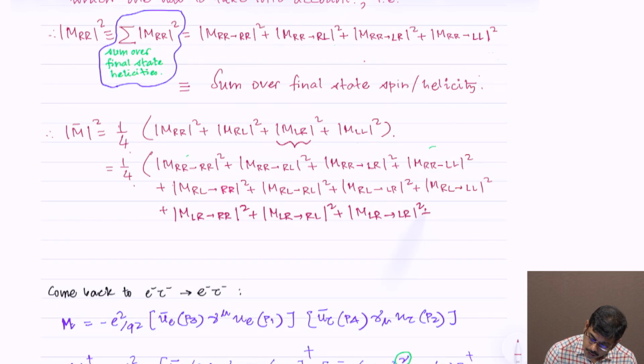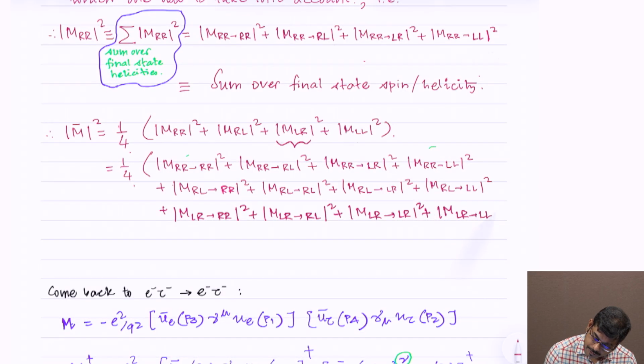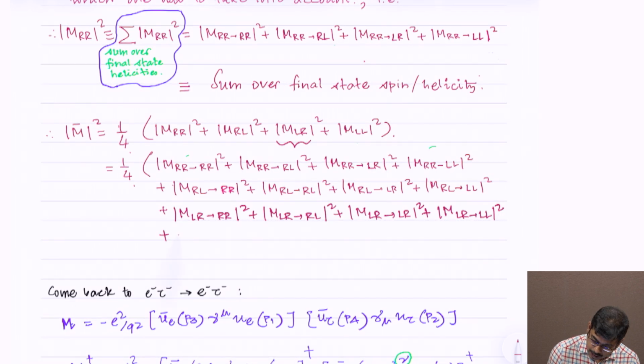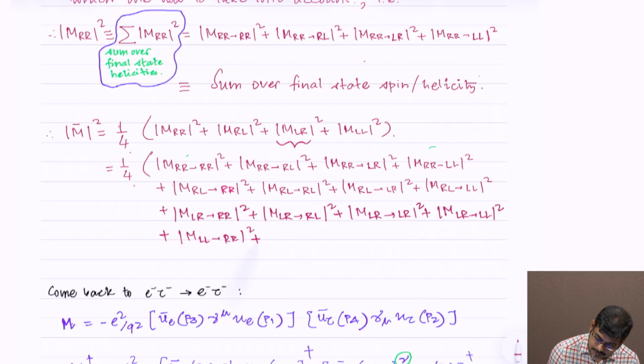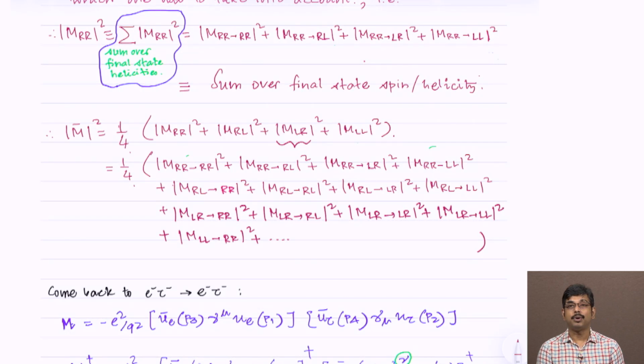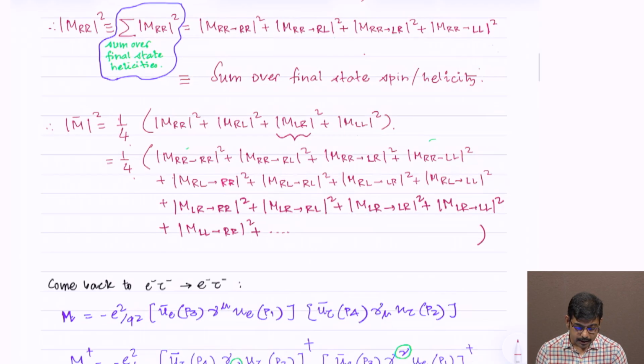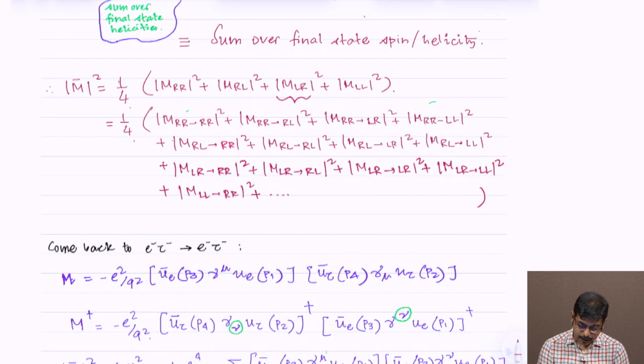But you have to take all possible combinations, and similarly LR to LL mod square. And finally, you have the combination for M_LL. I am not writing it, I am just writing that this is M_LL to RR mod square plus the other combinations which we just wrote. So, this whole thing is what is embedded in the matrix element square, mod of M bar square.